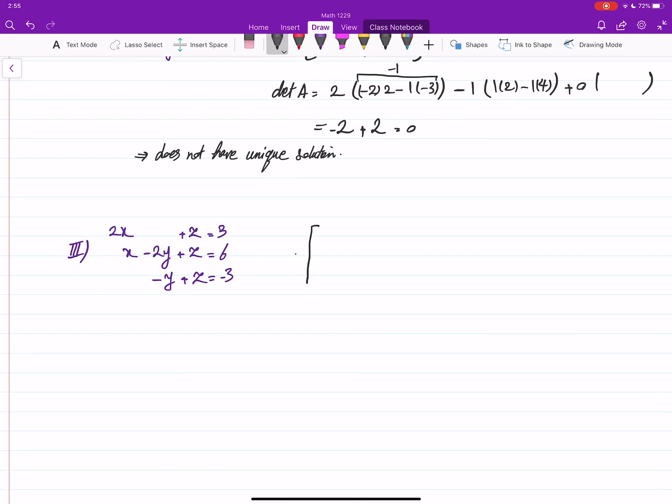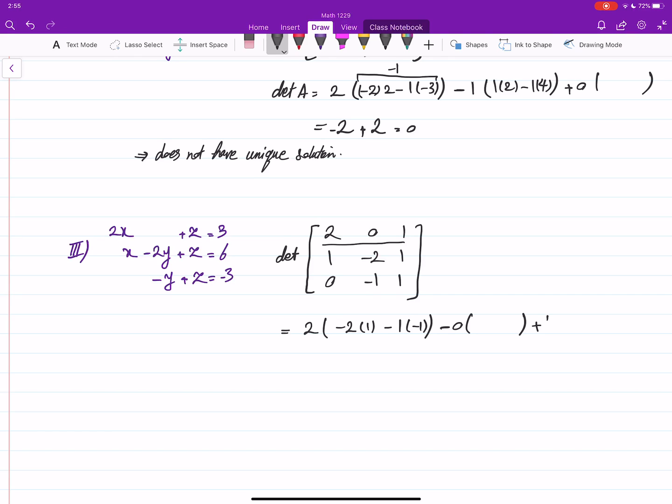Okay, let's do the other one. Here we have the coefficient matrix, 1, negative 2, 1, 0, negative 1, and 1. Let's find just the determinant of that. Expanding along the first row again, 2 times negative 2 times 1 minus 1 times negative 1, minus 0 times the determinant, so I don't need to compute that one, plus 1 times negative 1 minus negative 2 times 0.